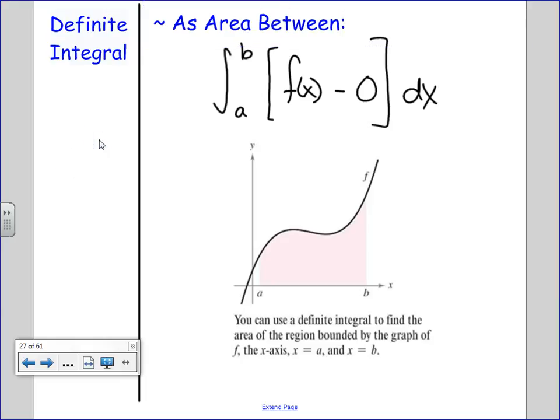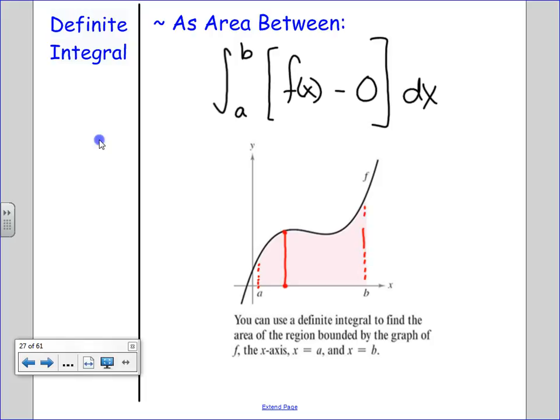So whenever you are finding an integral, remember, when I'm taking the area, if I'm going from a to b, it's like an area between.